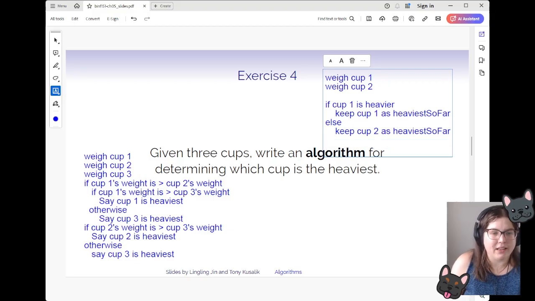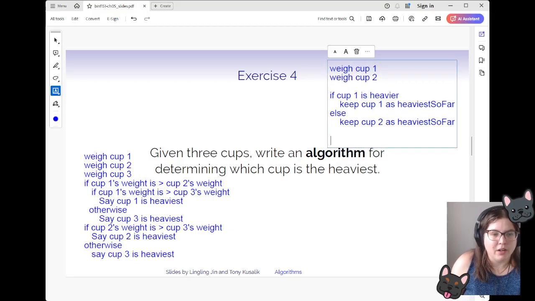Once we do that, then we're going to weigh cup 3.